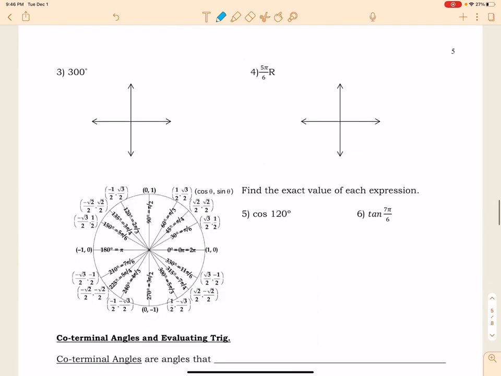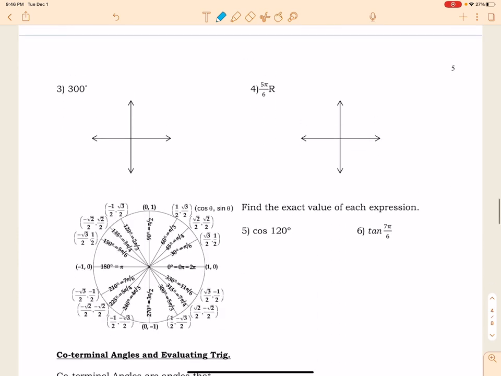Awesome. Okay, now we're going to look at 300 degrees here. So again, I start with the positive x-axis. I'm going to move counterclockwise 300 degrees. Now I have to find my reference angle. It's going to use this and the x-axis closest to it, which would be this right here.